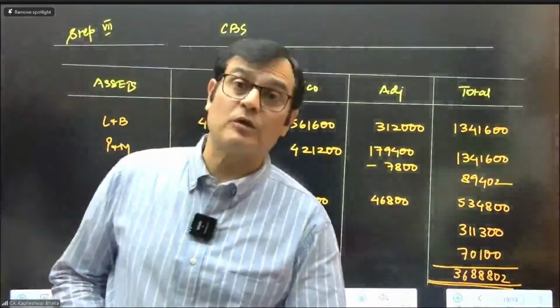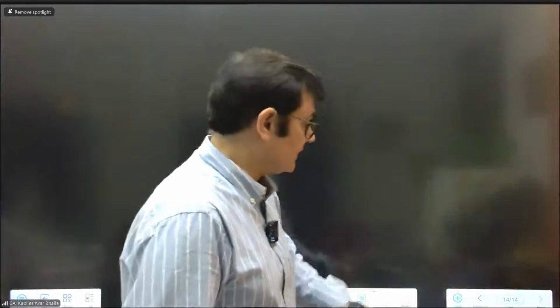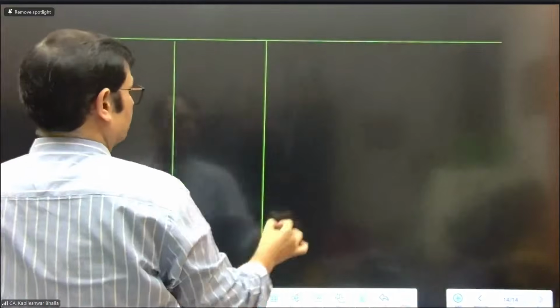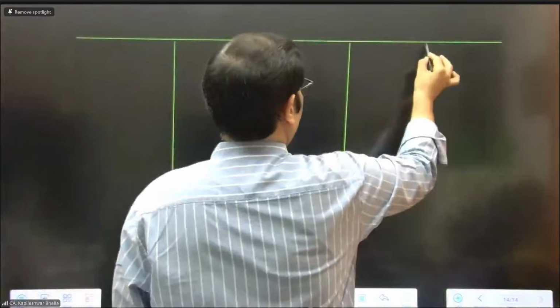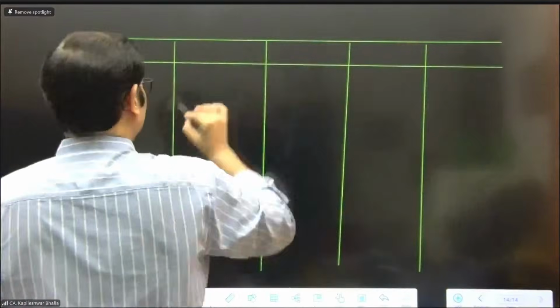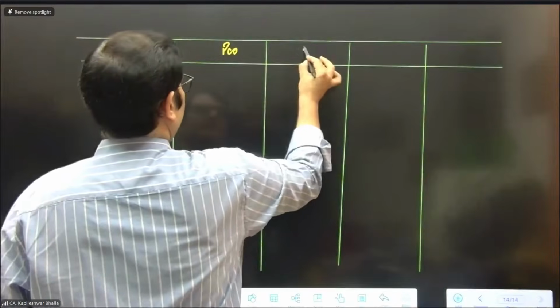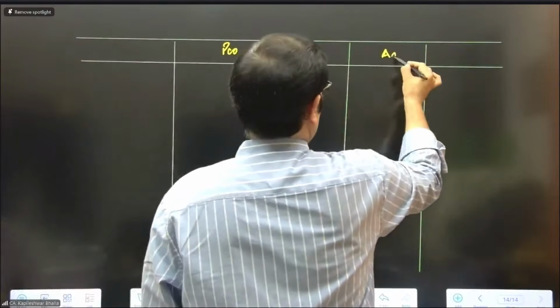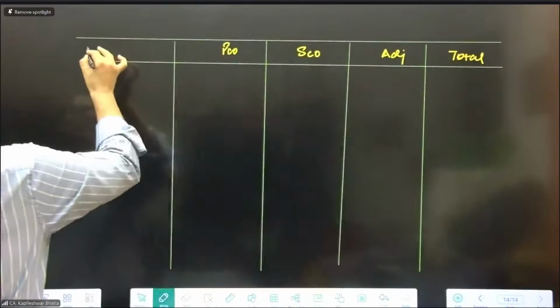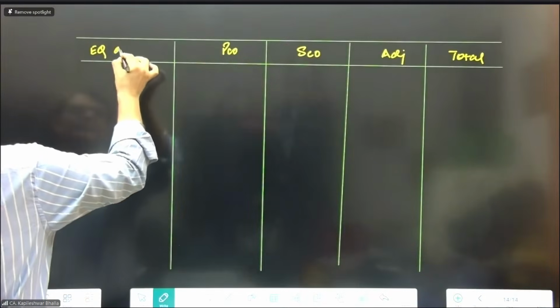Then we focus on the equity and liability side as well. So let's extend the balance sheet, same formatting: parent, subsidiary, adjustments, and the total. Let's take the equity and liability side.